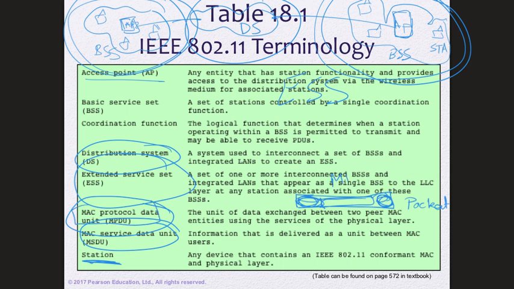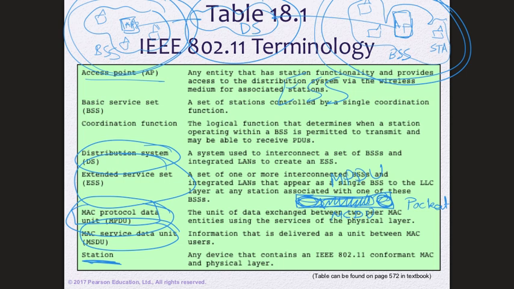So this is an MPDU. And the information part of this, which is the piece of your file or the piece of your image, only that piece is called the MAC service data unit, MSDU. I will show it in a picture in a couple of slides. It will be easier to understand when you see it in the picture.